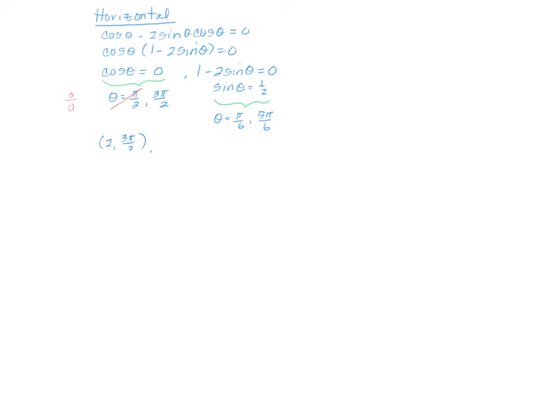And then if we put in pi over 6, we get 1/2 comma pi over 6. That's another point on our function r where there's a horizontal tangent line. And you can always graph the function r and just look at it and imagine where your horizontal tangent lines would be. And 5 pi over 6 will give us an r value of 1/2. So 1/2 comma 5 pi over 6. These are the 3 points at which we have horizontal tangent lines.